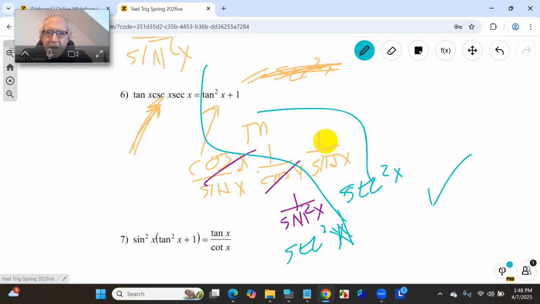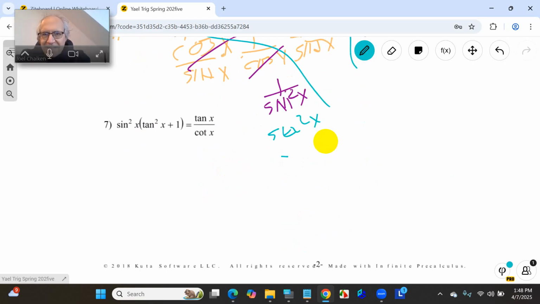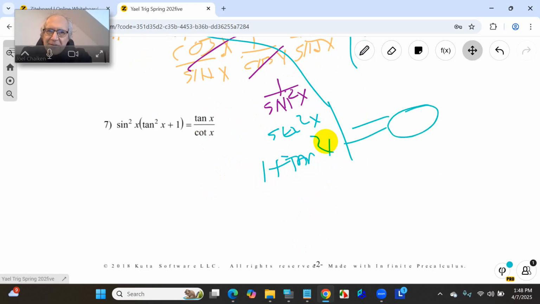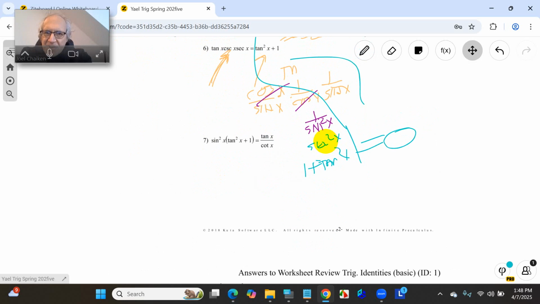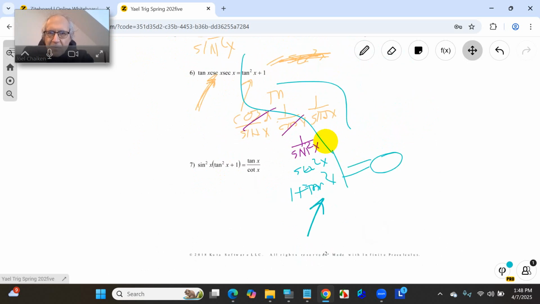If the teacher wants you to only work on one side, then you would take this 1 over sine squared x, write it as secant squared x, bring in the Pythagorean identity, and say secant squared x is 1 plus tangent squared x. And then you show the two sides are exactly the same. It's generally better to do it this way, working on only one side, but some teachers allow you to work on both sides.